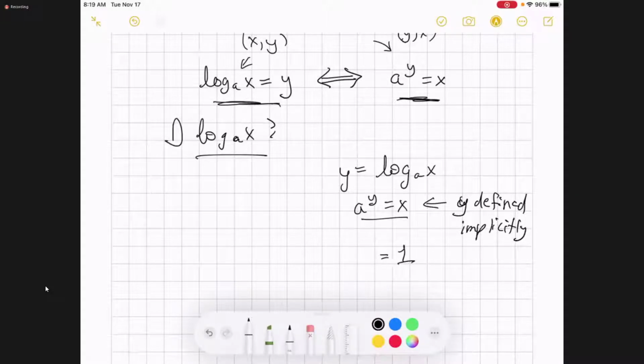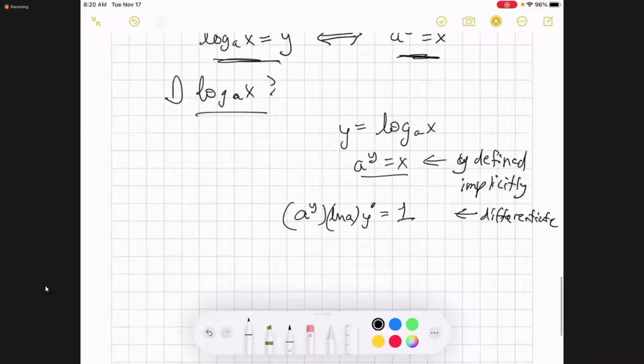The derivative of a to the y is a to the y times ln of a, that's because of the base, and times y prime, because y is a function. So y prime is 1 over a to the y ln of a.